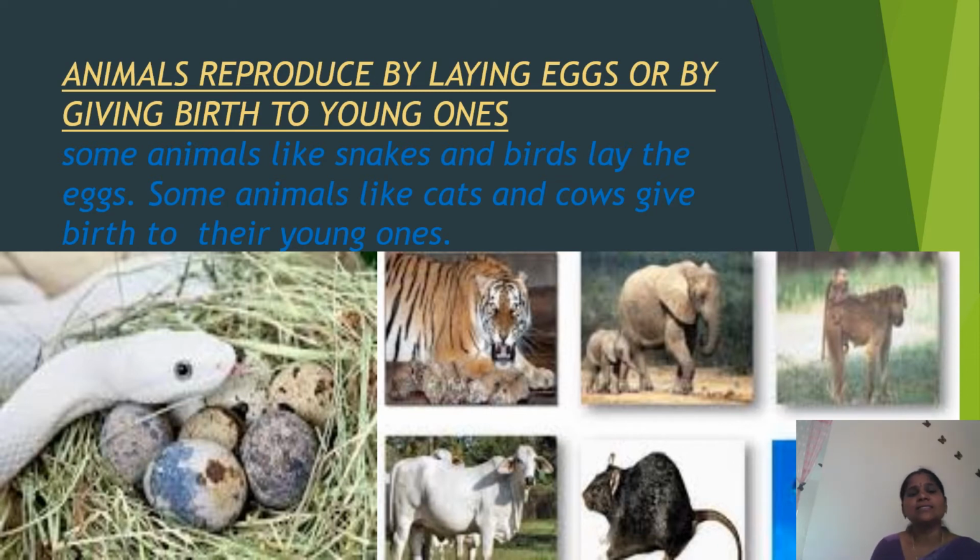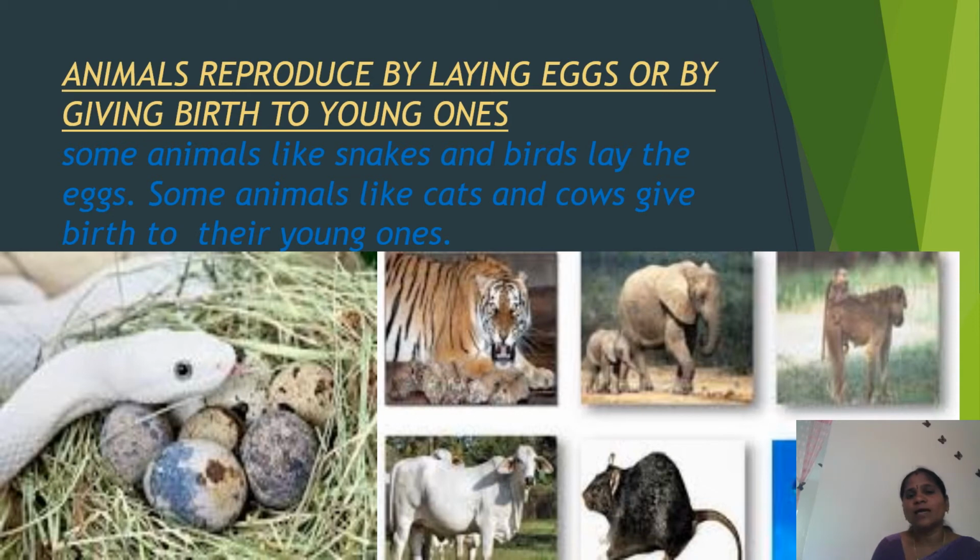Some animals like snakes and birds will lay eggs. So animals reproduce in 2 ways. One is by laying eggs. And the second one is some of the animals give birth directly to their babies. So in these two ways the animals can reproduce.